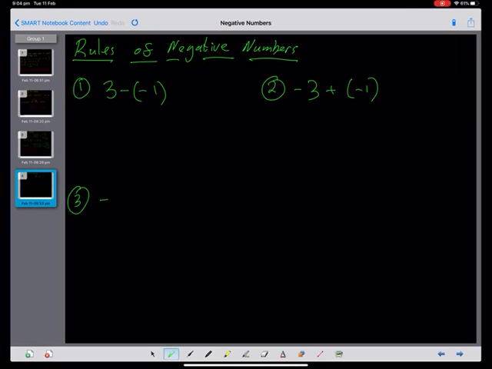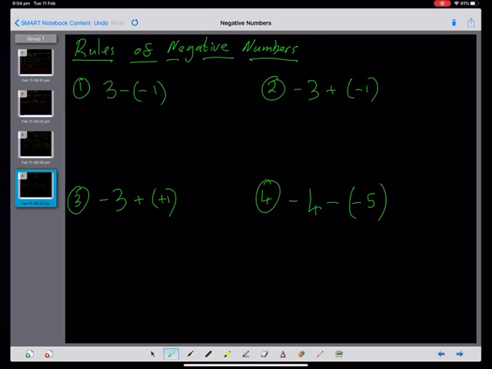Let's do -3 plus a positive 1. And let's do -4 subtract -5. Okay, pause the video and see if you can have a go at doing these. You can use a number line if you like, but it's not essential.